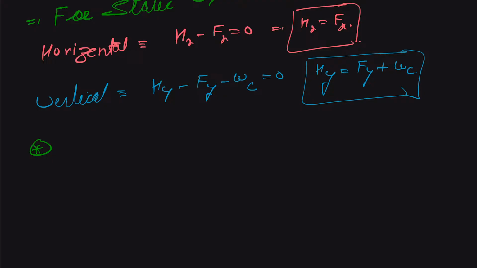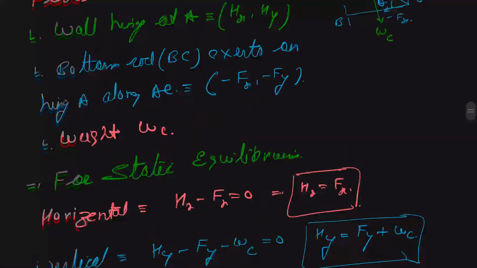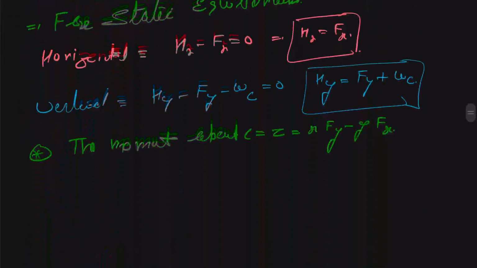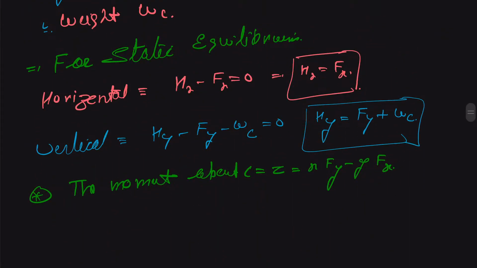So we can say that the moment about C can be written as tau is equal to x multiplied by the y component minus y multiplied by the x component.